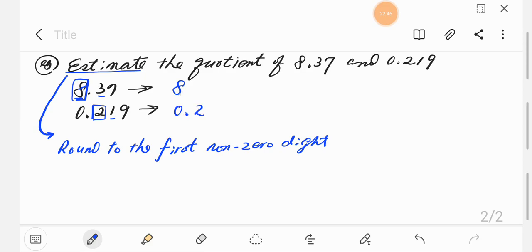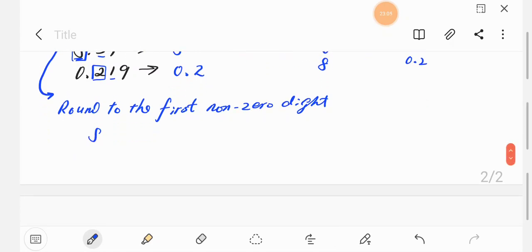All right, and then the quotient means divide, right? Quotient means divide. So this one divided by this one. This number is now 8 and this number became 0.2. So the result will be 8 divided by 0.2. Just divide it, then 8 times 2 is 16, right?